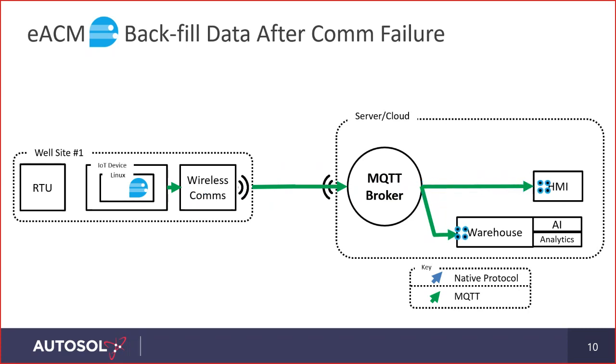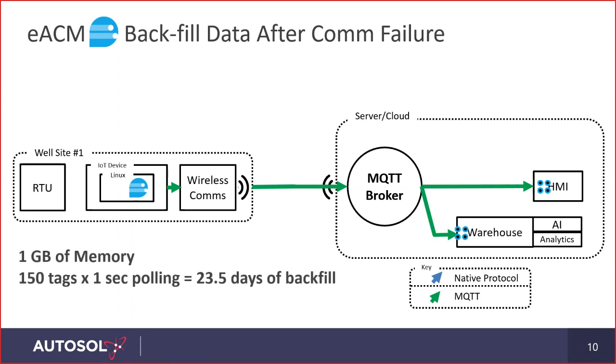Now there's a fun metric I made here to answer the question of, well, how much can I backfill? Again, this is dependent on the hardware, but assuming you have 1 GB of memory available to eACM to backfill, and you're polling 150 tags, that's polling once a second, and that tag is going to change every second, so it would be published in MQTT, then you can get 23.5 days of backfill from that.